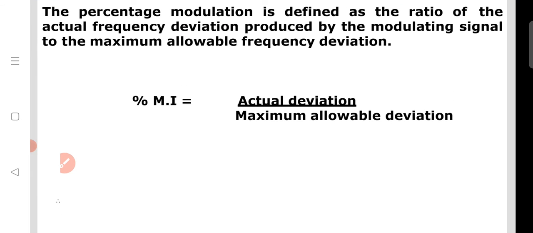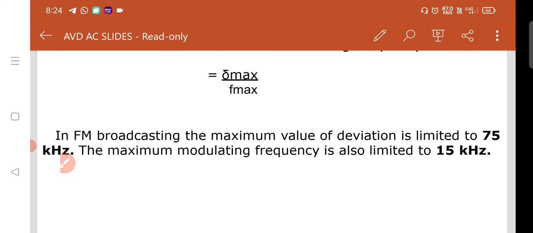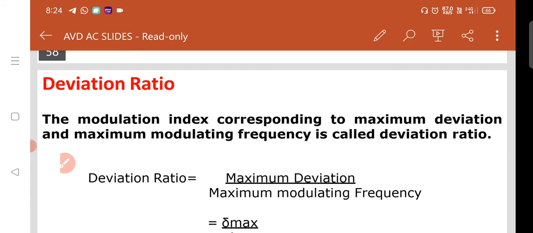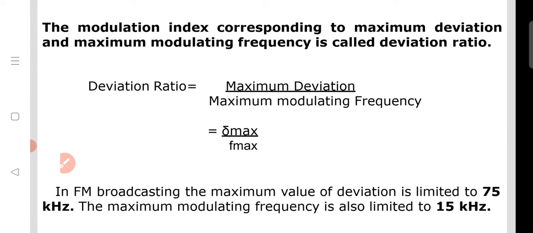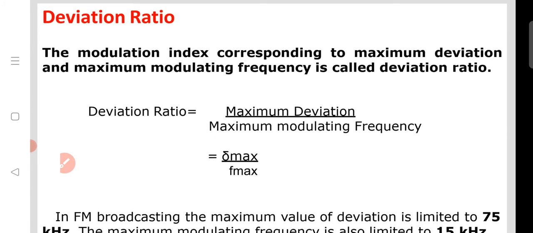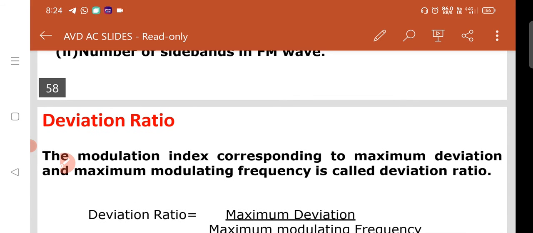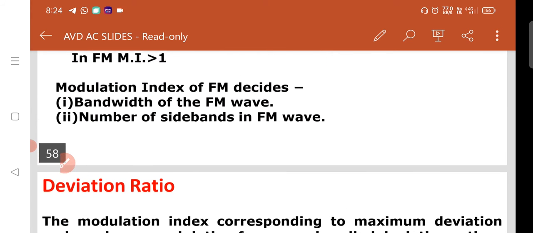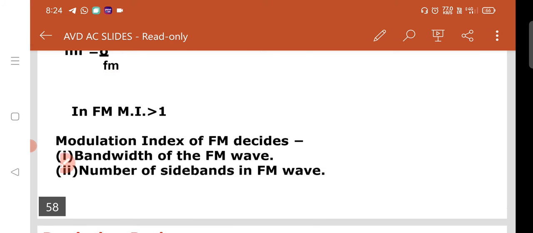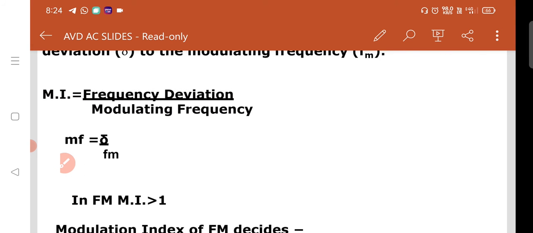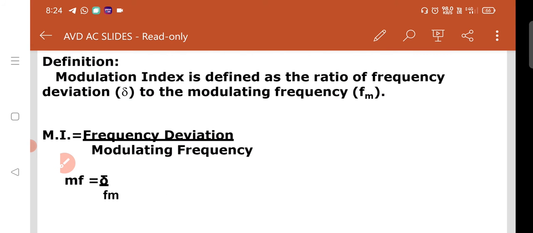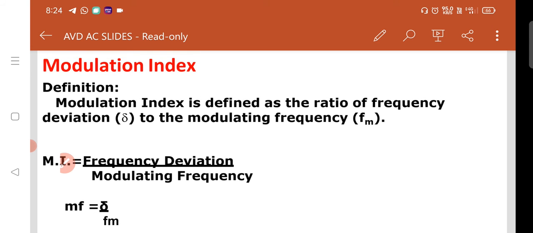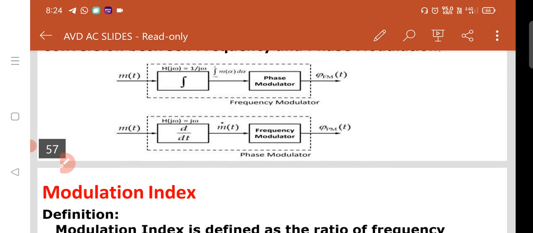The deviation ratio is the maximum deviation to the maximum modulating frequency: 75 kilohertz maximum deviation and 15 kilohertz maximum modulating frequency. Just remember that point. The modulation index is the frequency deviation over the modulating frequency.